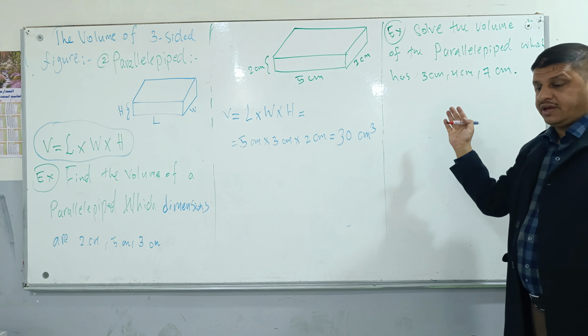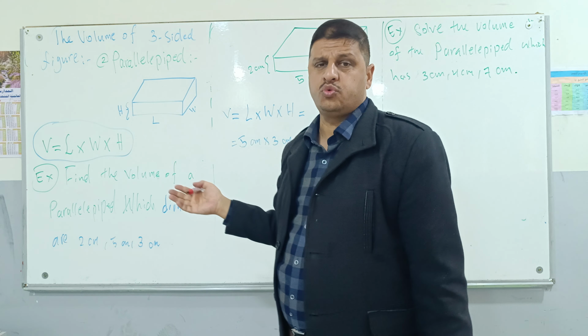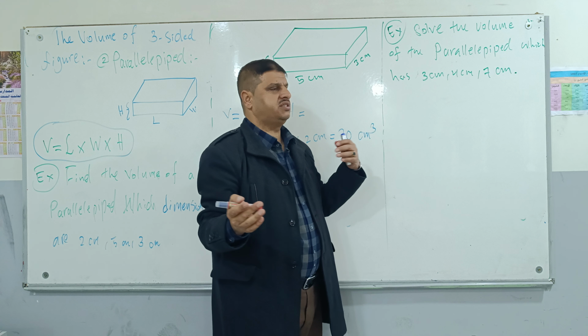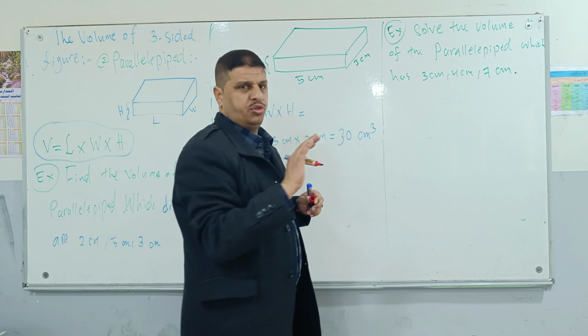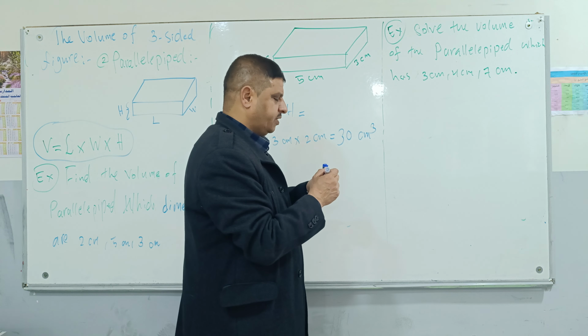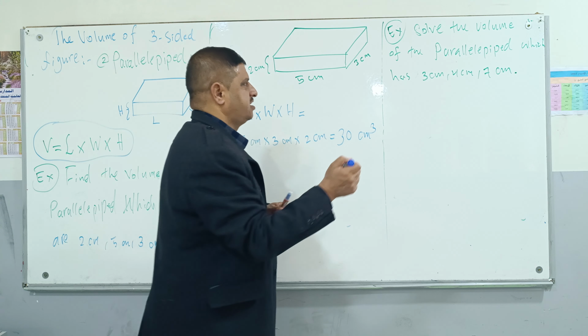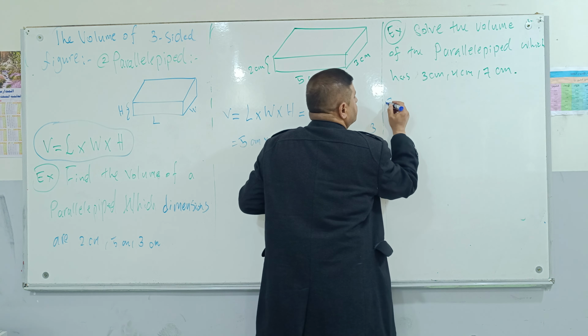He did not determine which one is the length, which one is the height, which one is the width. It is stated directly without any complications. Just you write the solution.